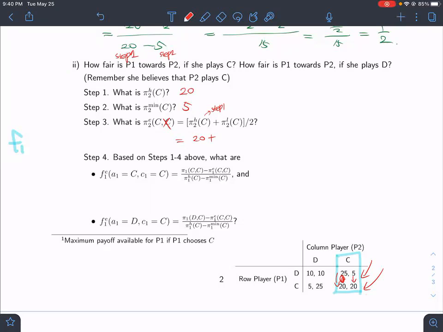If I make player two better off, then player one will be worse off. Among Pareto efficient allocations, the minimum payoff is 5, so pi 2 L is 5, and we take the average value, which gives 25/2.